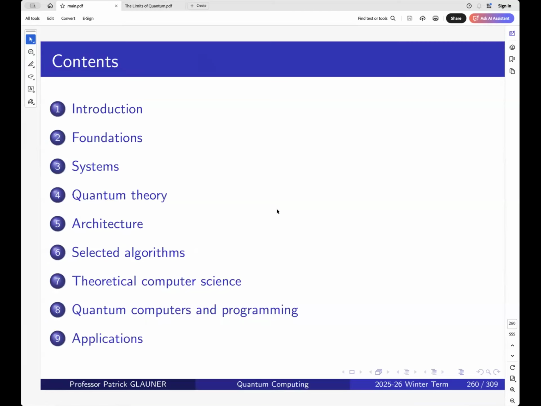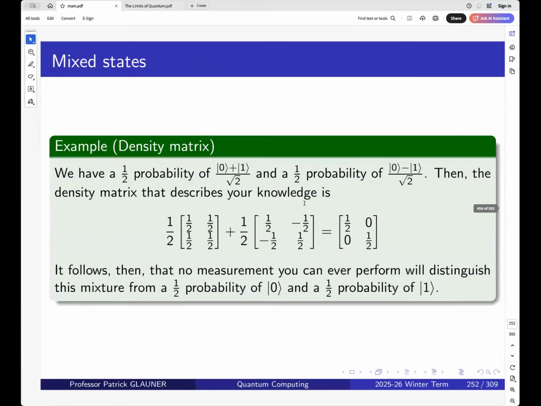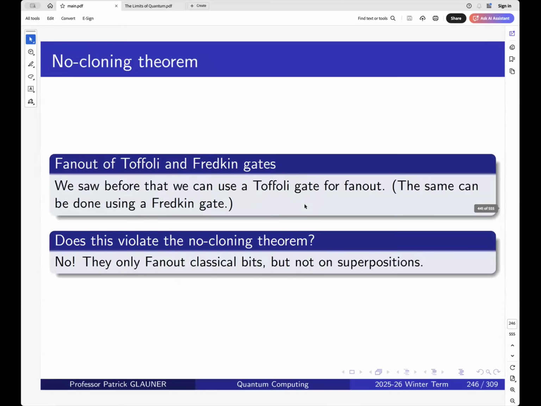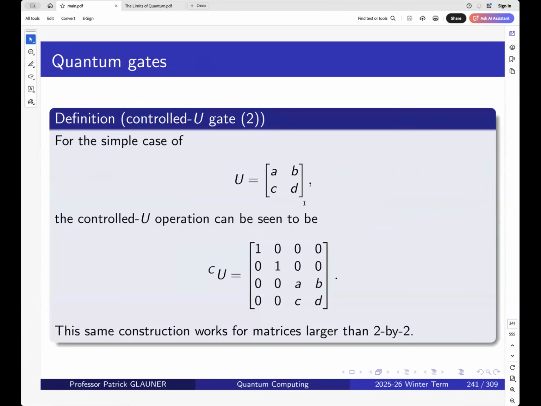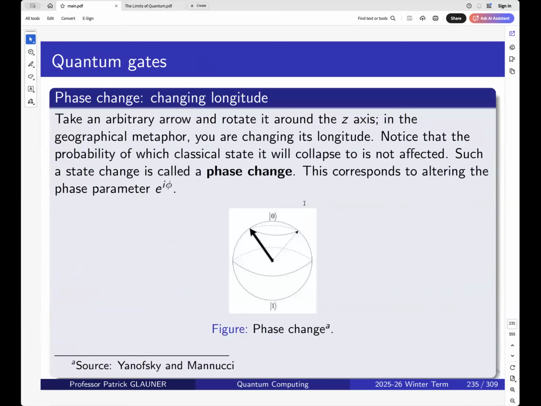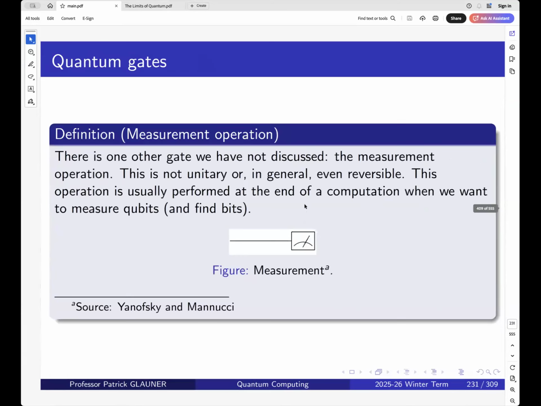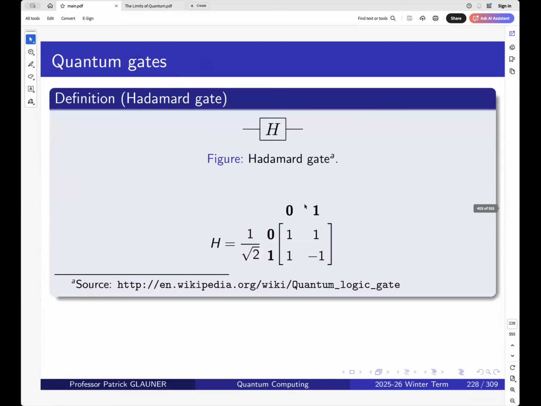We'll discuss it next week. And then in 2 weeks, we will look at selected algorithms. So we're doing theoretical computer science first. But first, we will finish next week the architecture chapter, of which we've already done more than half. And next week, we'll look at more quantum gates than the ones we have seen already.